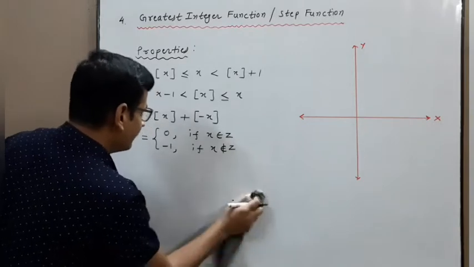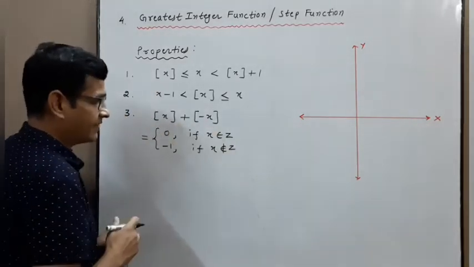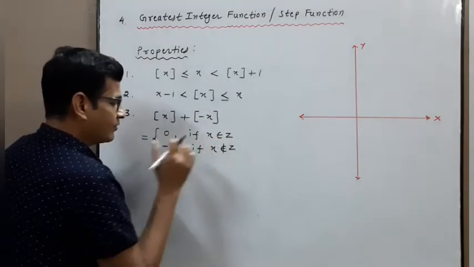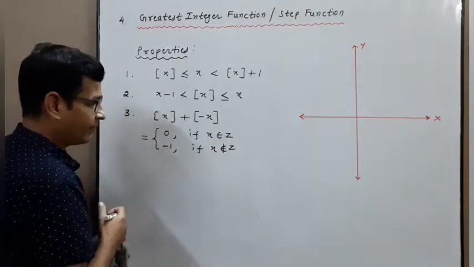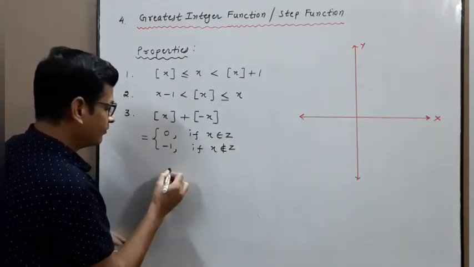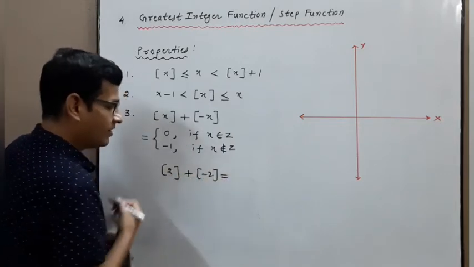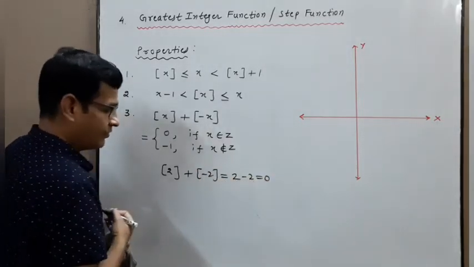And the last one is very important: greatest integer of x plus greatest integer of minus x is either 0 or minus 1. If 0, x belongs to integers, or if x does not belong to integers, then minus 1. For example, x equal to 2, so greatest integer of 2 plus greatest integer of minus 2 is 2 plus minus 2 equal to 0.